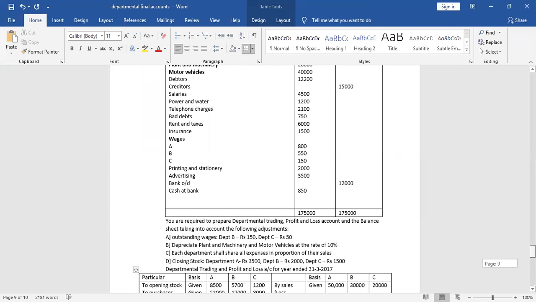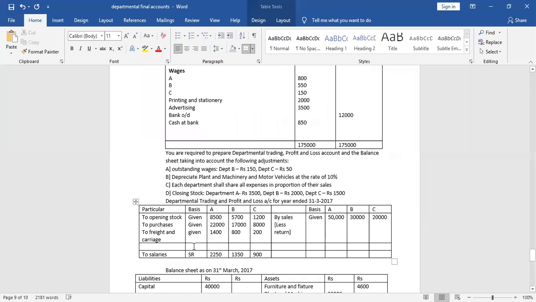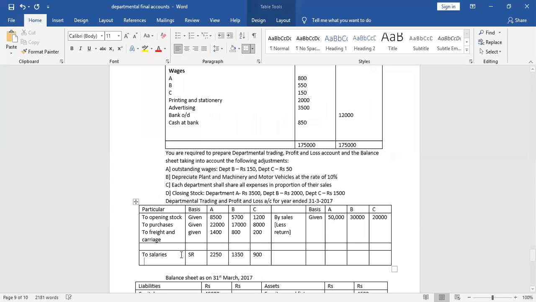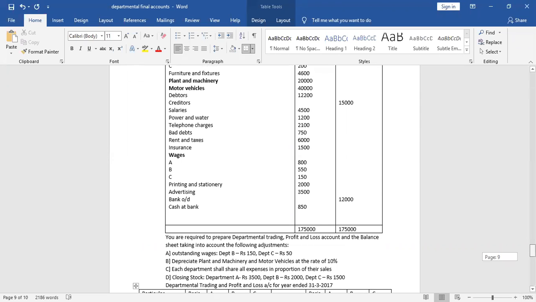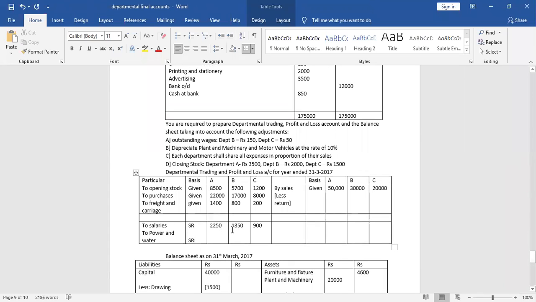After salaries, we have power and water. So power and water, let us write to power and water. What is the ratio? Sales ratio, because everything has to be divided in the sales ratio. 1200 को भी sales ratio में divide करो. 5 upon 10, 3 upon 10 and 2 upon 10.